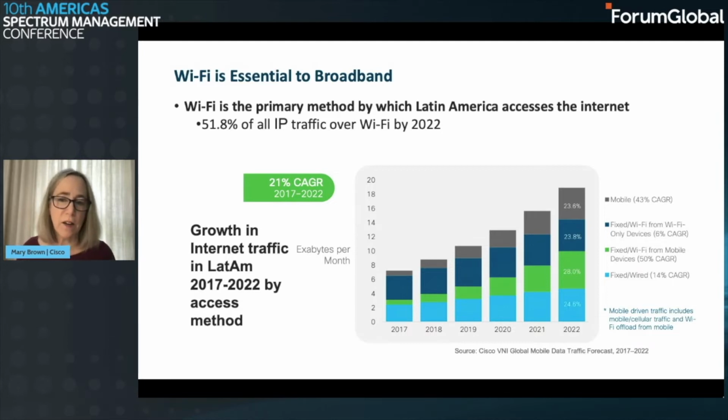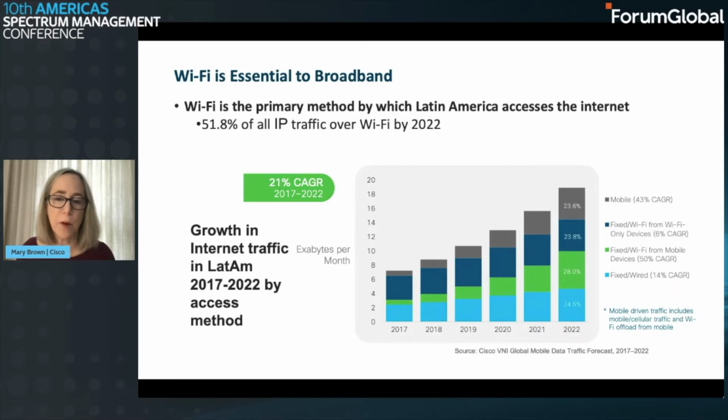But clearly, Wi-Fi from fixed access points in the dark blue is a tremendously important category, rivaling that of our use of cell phones and mobile data, but also Wi-Fi from mobile devices. So, as we call it, offload. These are devices which are equipped with both Wi-Fi and mobile connectivity. But when they're in a home or work environment, they're operating off Wi-Fi.